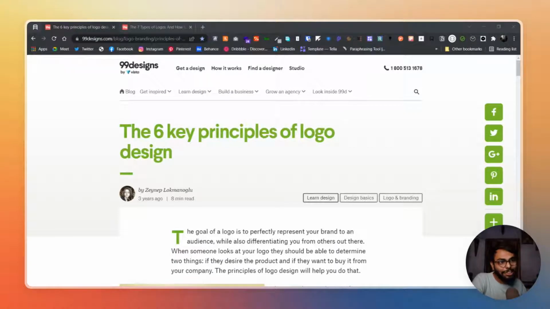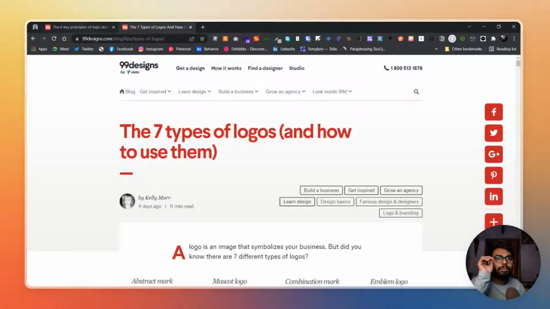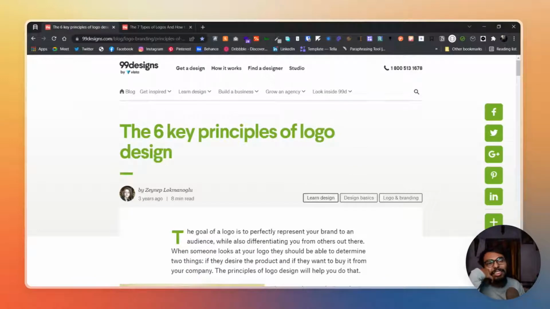So my secret sauce is basically these two blogs from 99designs. One is about the 7 types of logos, and another is the 6 key principles of logo design.